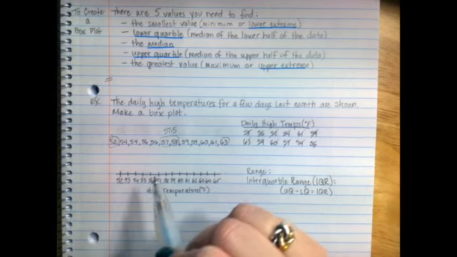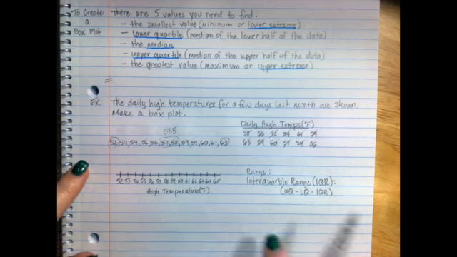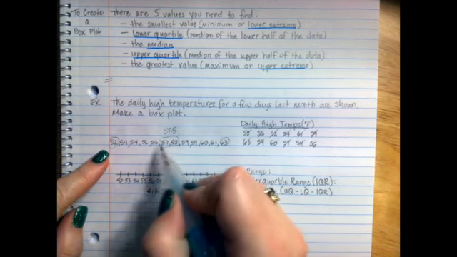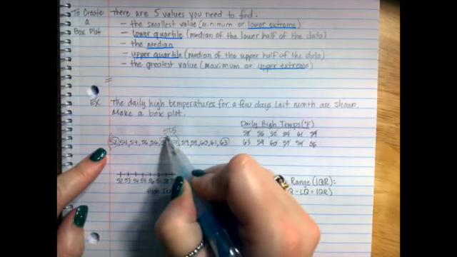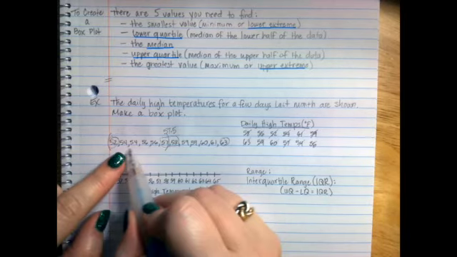Now the lower quartile. When you're looking for the lower quartile and you have an even amount of data points like we do here, you take the bottom half, which will include this part, and then you find the median of these numbers.